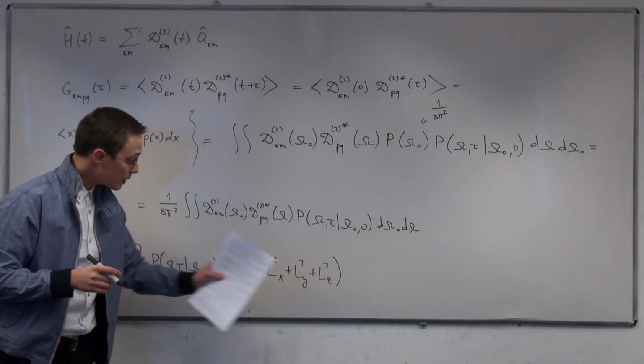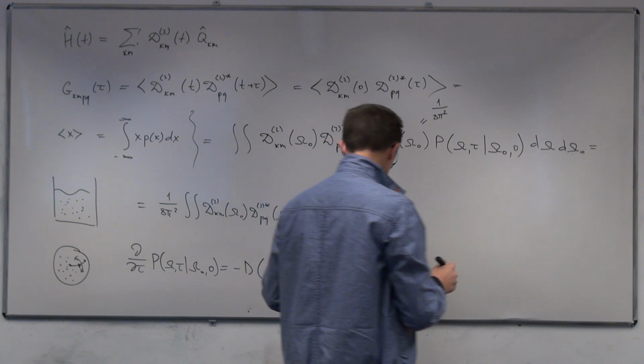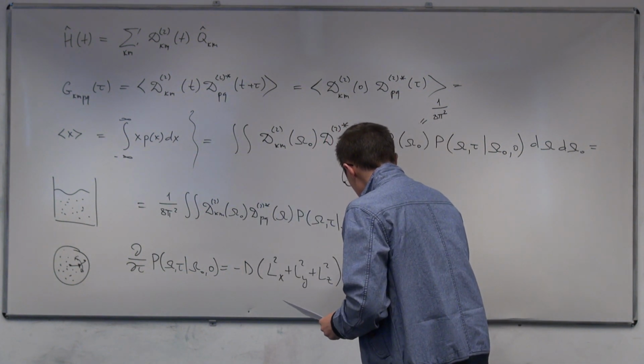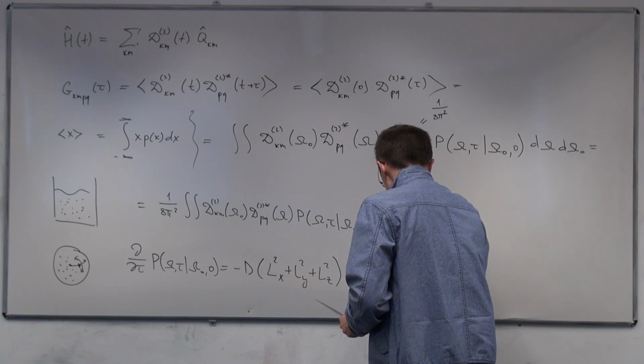Yeah? Lz was x d by dy minus y d by dx. We derived them a few lectures ago. All of this acts on p of omega, tau, omega naught, 0.